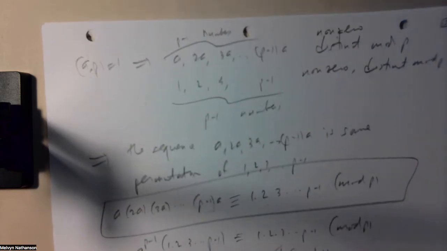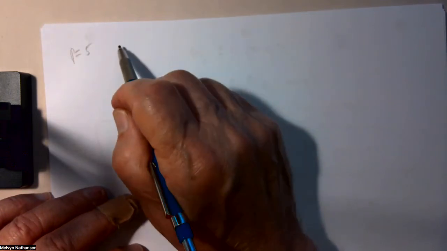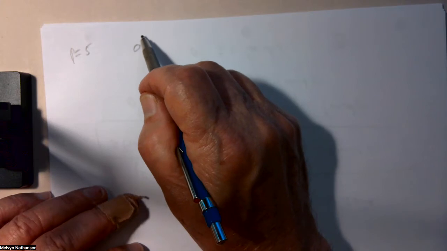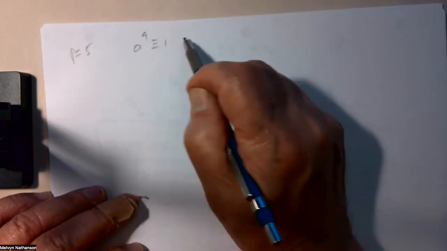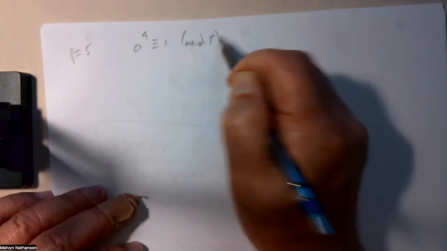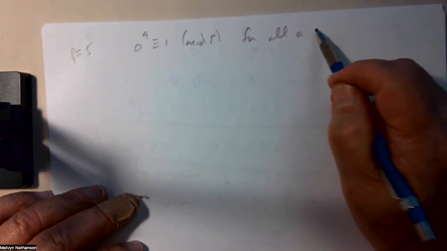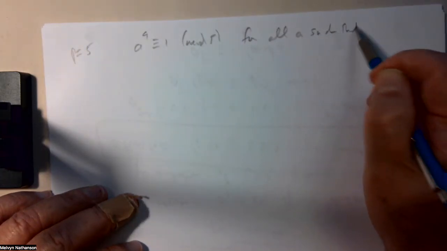Let's just look at a couple of examples of this. If I take, for example, p equal 5, 3 is not divisible by 5. So p equal 5, a to the 5 minus 1, a to the 4th is congruent to 1 mod 5, for all a such that 5 doesn't divide a.